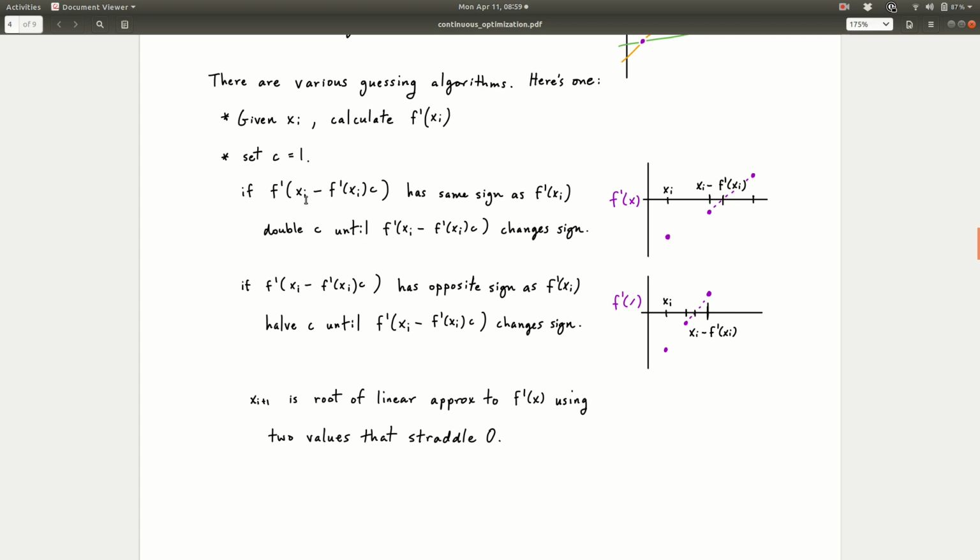If it has the same sign, then we're in this situation. So we start here, and if it has the same sign, that means we need to move a little further. So we'll just double the value of c. And if we double it, we get to here. And now the derivative is positive. And so we know that the root should probably be between this one and this one. So we just do a linear surrogate and make this one the next guess.